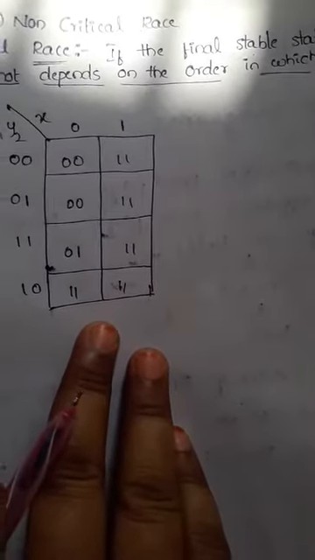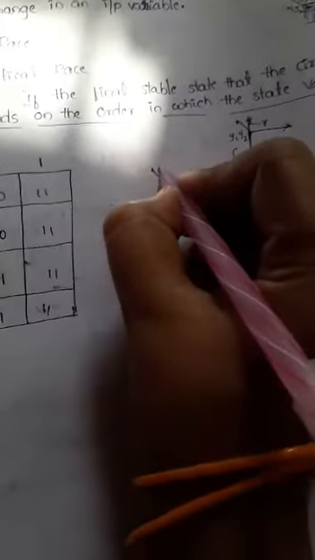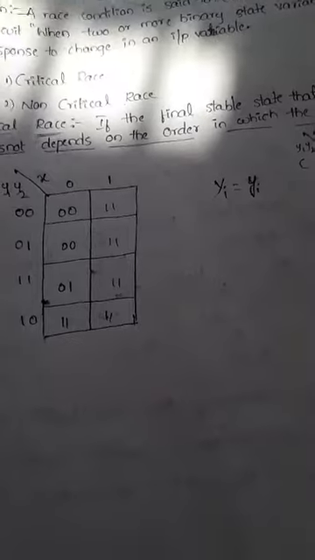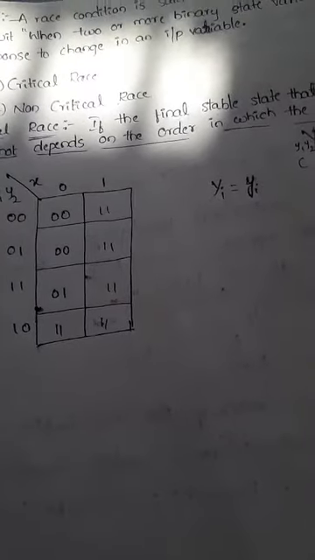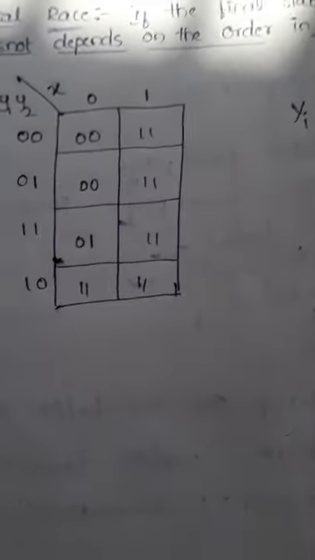That means you need to check the stable states. The stability condition is that the present state is equal to the next state, that is, capital Yi is equal to small yi. So we already know how to check the stable state. We need to satisfy this condition, right?